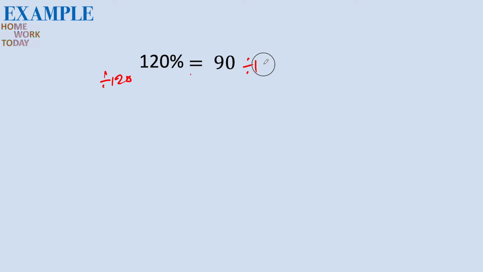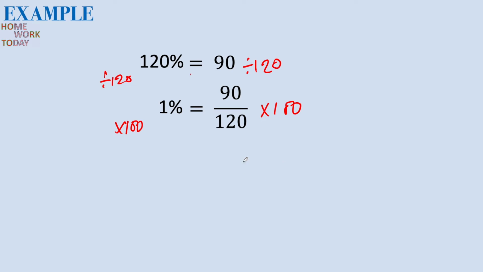Dividing 120% by 120, we get 1%. We also divide 90 by the same 120 to get the amount of 1%. If we multiply 1% by 100, we get 100%. Therefore, we multiply 90 over 120 by 100 to get the amount of 100%.